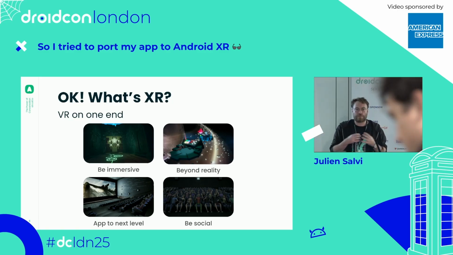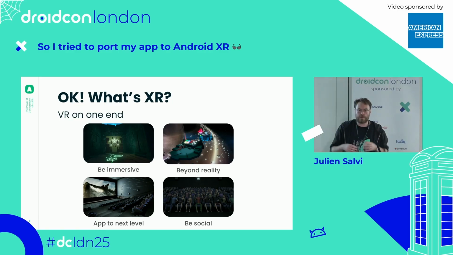You go beyond reality. You are immersed in a brand new world you are building. You bring your application to the next level. For example, you consume videos classically on the phone, but you can also watch them in a very immersive version, like a VR theater.